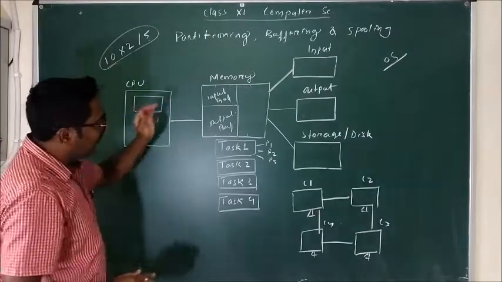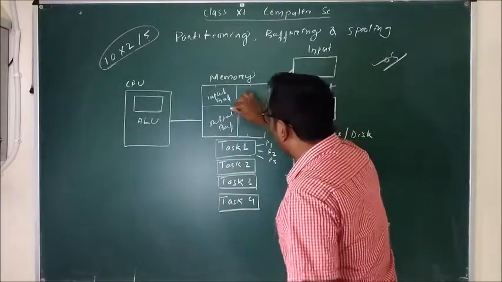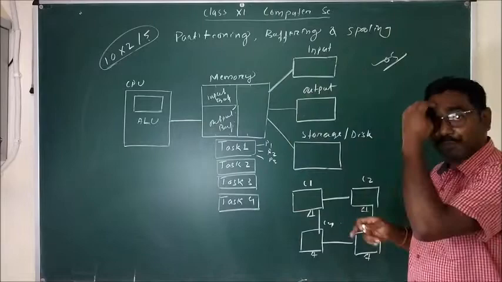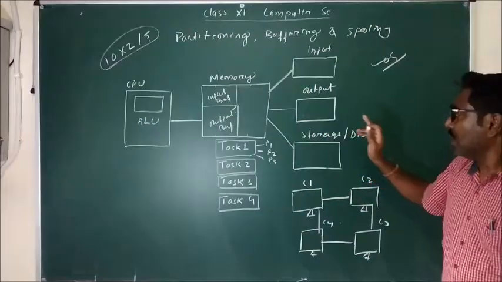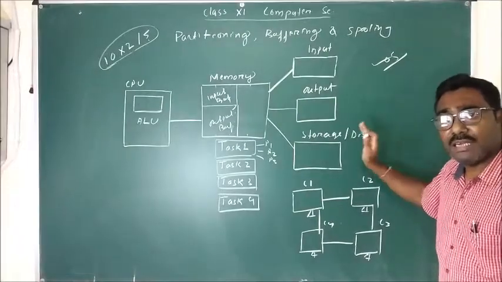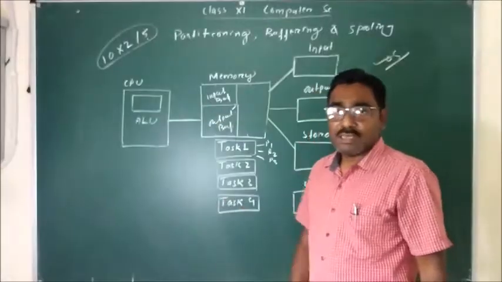Then it is the responsibility of the operating system to move it from the buffer to the output device, so that the printer can take the printout as per the command given by the CPU.